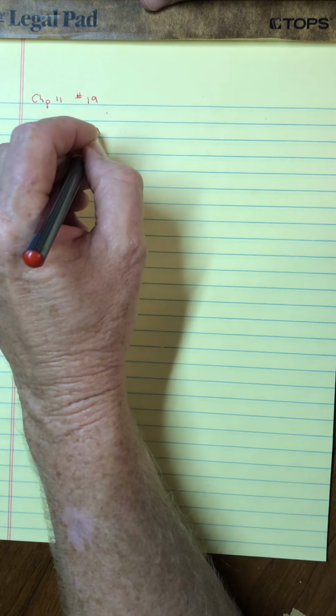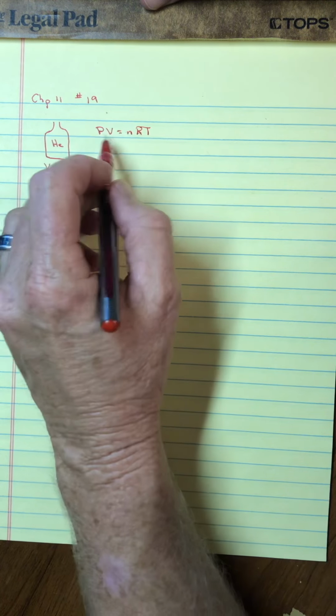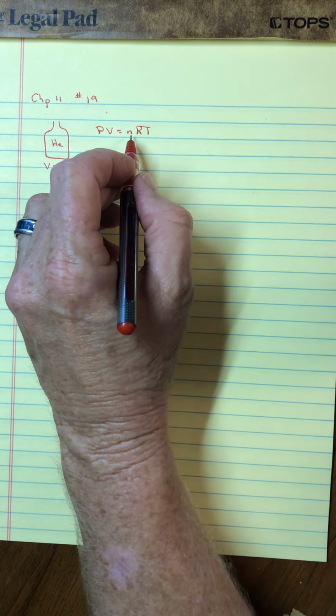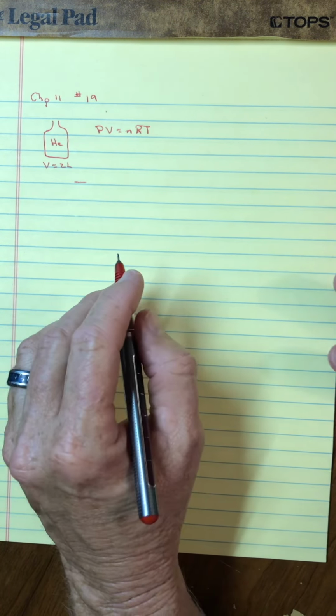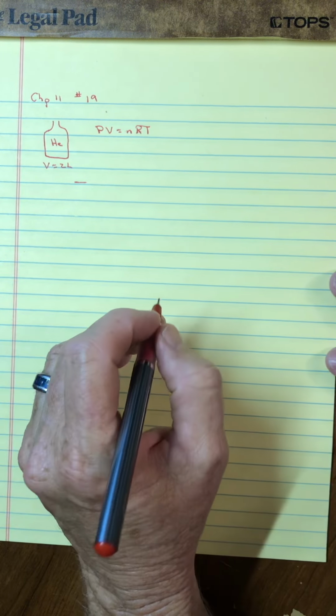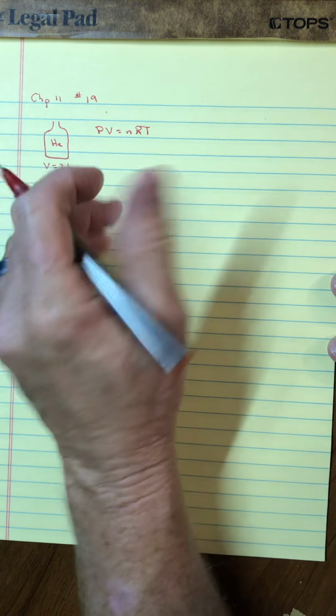All right, so we know for a gas this is always true. The pressure times the volume equals the number of moles, or we'll call it number of molecules, times some constant times the temperature. A very useful way is to put things that are going to change.